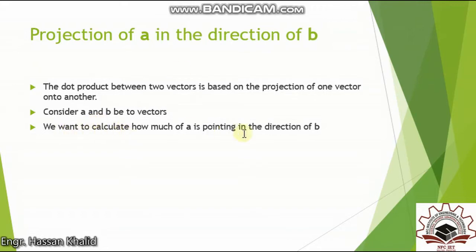Now if you look at the question, how much of vector A is pointing in the direction of vector B, it has nothing to do with the magnitude of the vector B, but only the direction of the vector B.